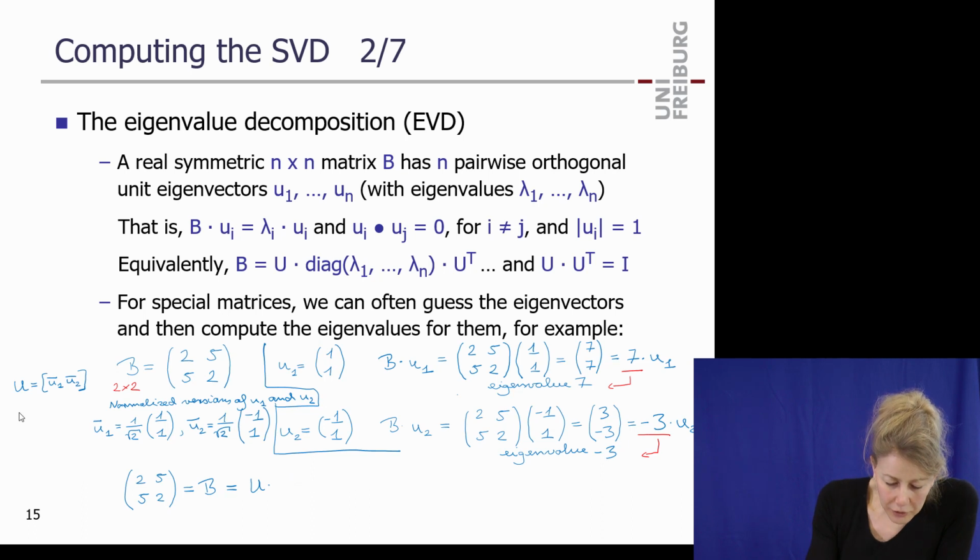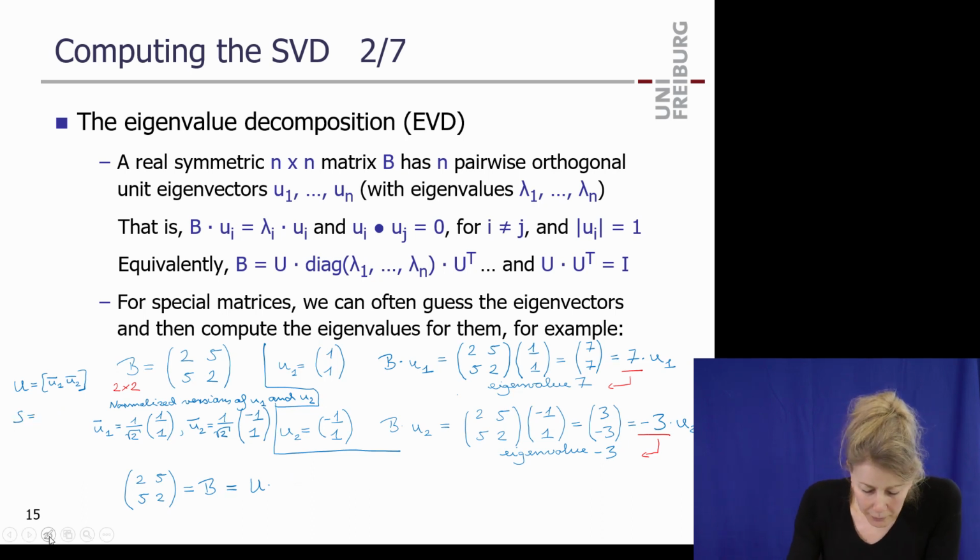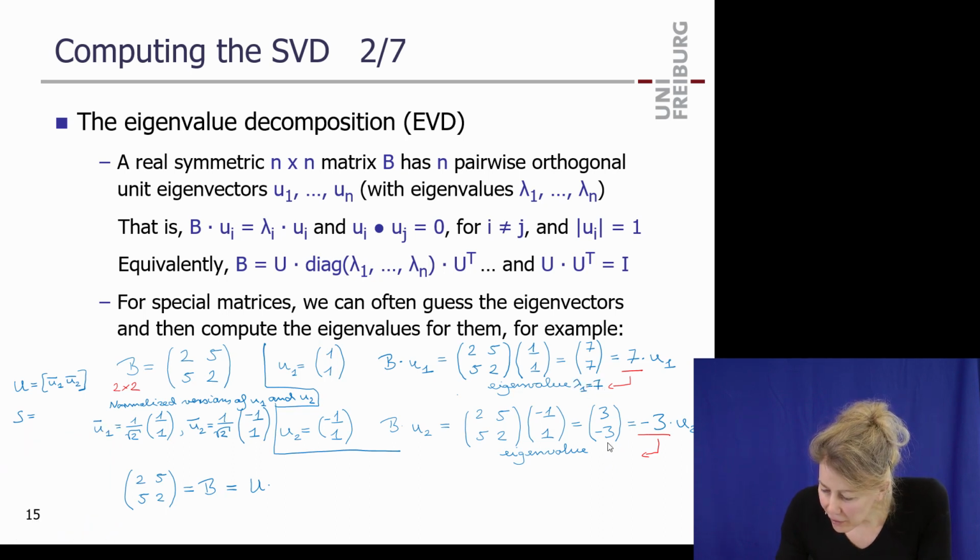U times, and I put S, maybe I should give these 2 eigenvalues a name. Let me call them lambda 1, and you usually call them lambda. So this is eigenvalue lambda 1, 7, lambda 2, minus 3.